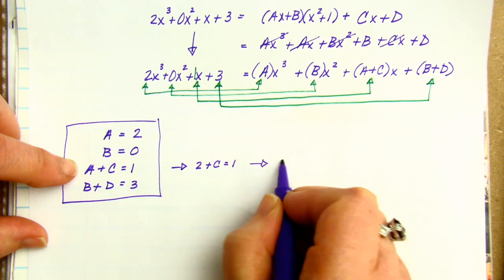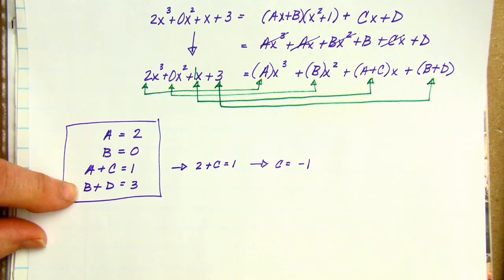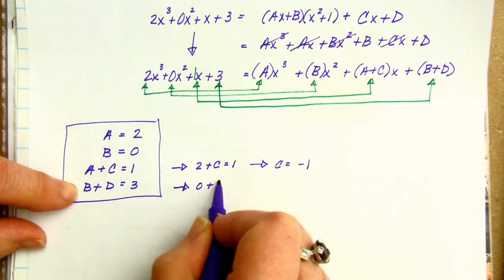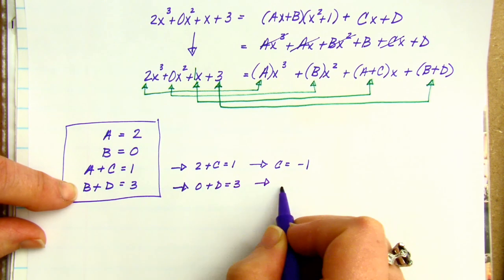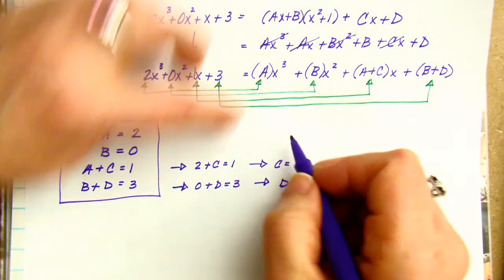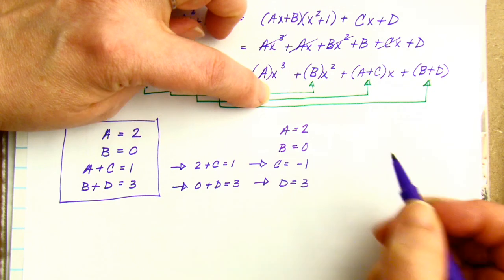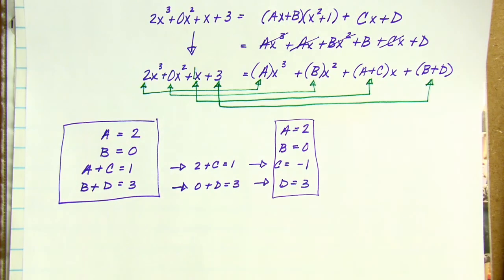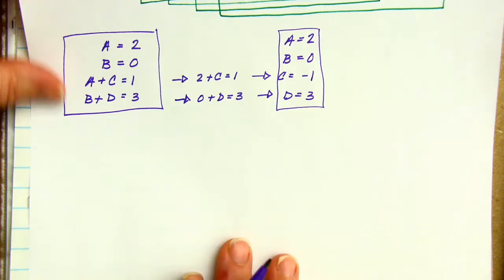Therefore, c is negative 1. B is 0. 0 plus d is 3. So d is 3. And we know a is 2 and b is 0. So this system wasn't too cumbersome to solve. Sometimes they are, sometimes they're not.